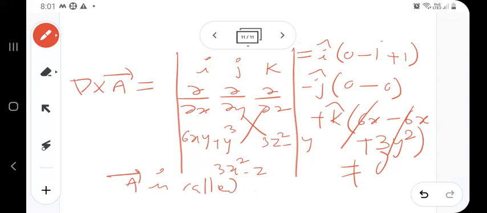If it equals 0, that vector is called an irrotational vector. If a force vector is given and the question asks to prove that it is a conservative force, then also we consider the curl of that force vector. If the curl of F bar equals 0, that force is called a conservative force. So in this module, practice some more problems and get the concept.